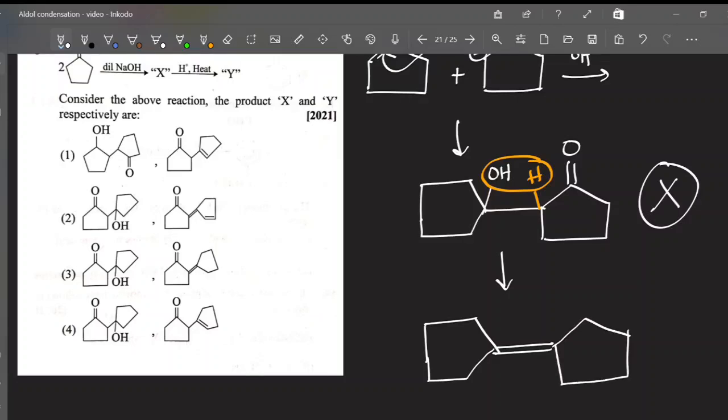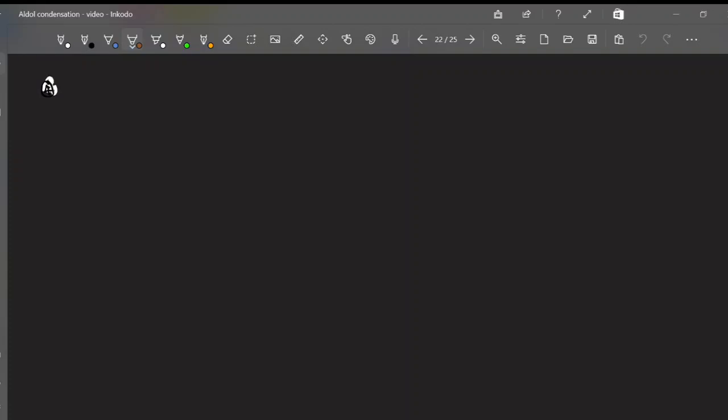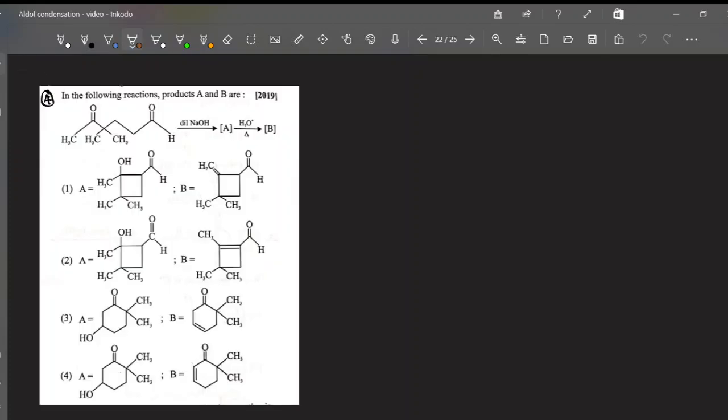Please check, this is the Y. Check where the structure is. The perfect answer for this is the third one. Yes, the third option is the right answer. If you concentrate, this was given in 2021 JEE. I'm moving to the next one now.